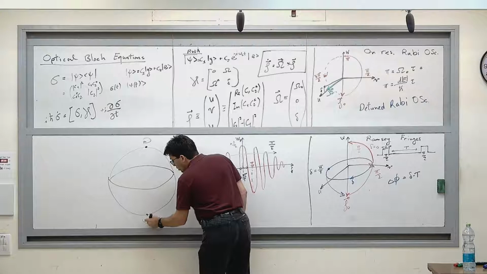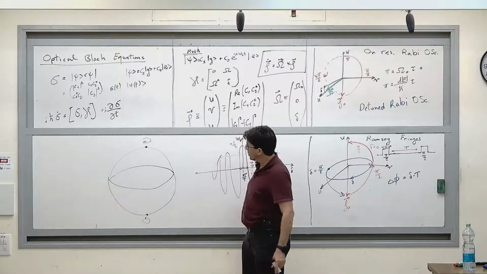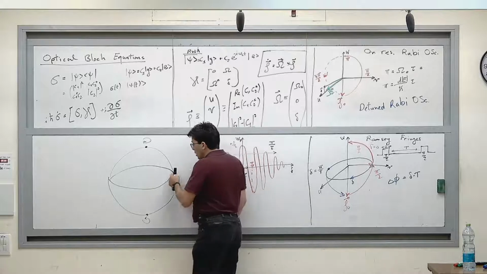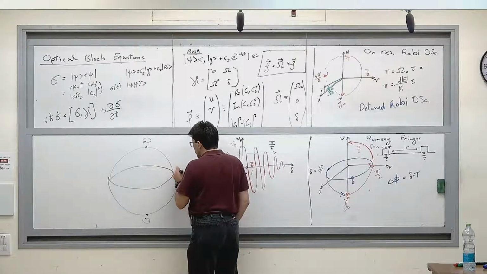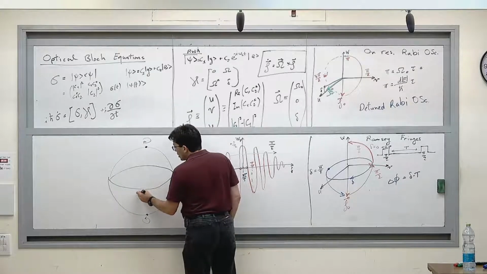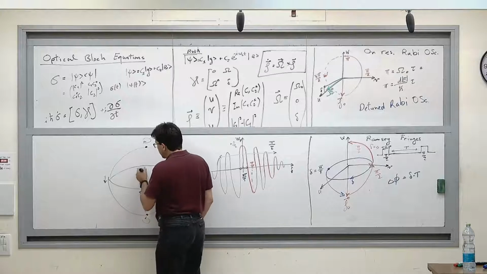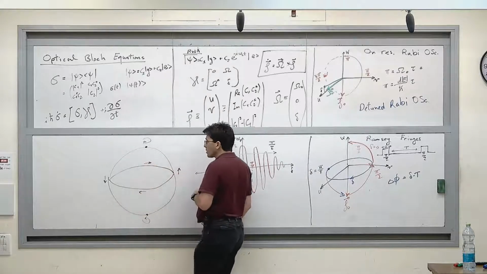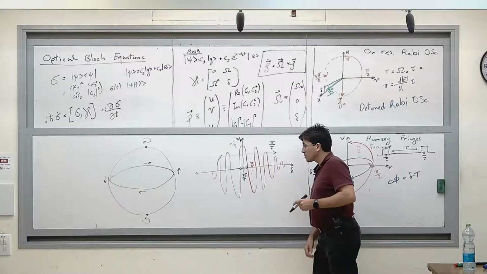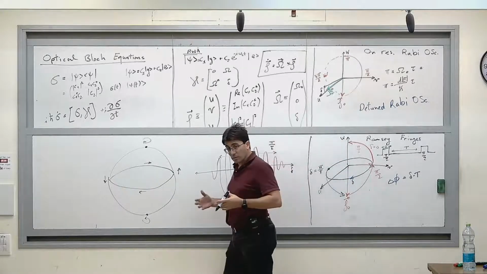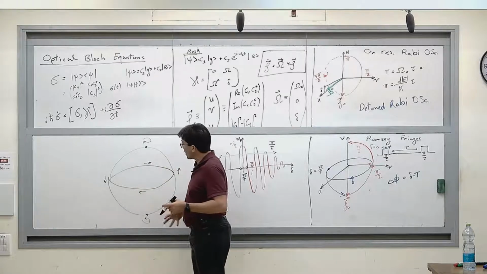This is the counterclockwise circular polarization. And as you know, on the diagonal is all the linear polarizations. And by manipulating wave plates, you can move around the Poincaré sphere.